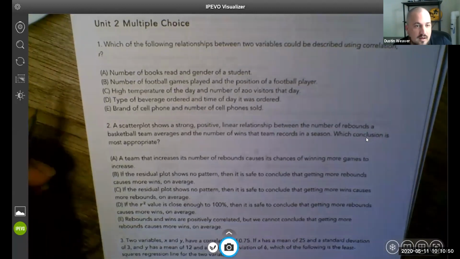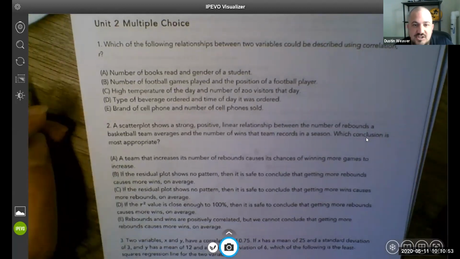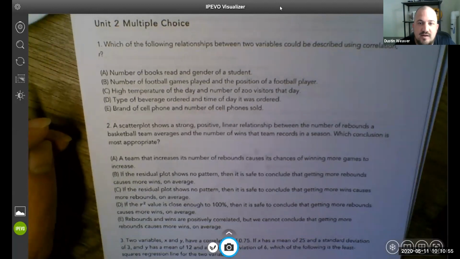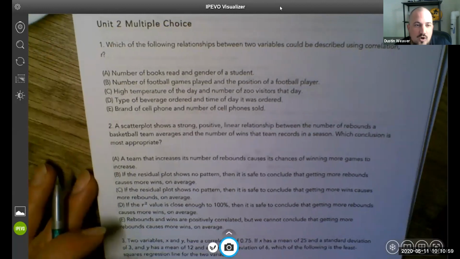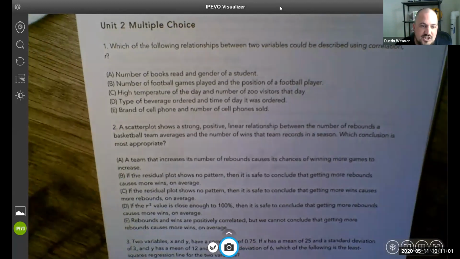So number 1, which of the following relationships between two variables could be described using correlation R? Now, when we talk about using R, it can only be used to describe two quantitative variables.